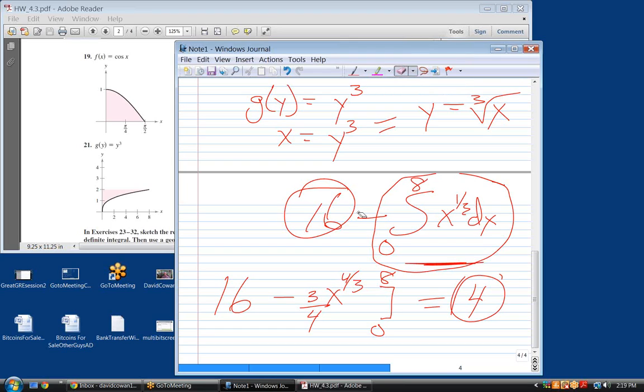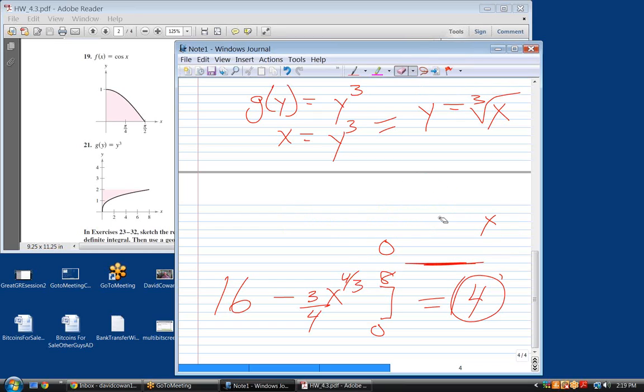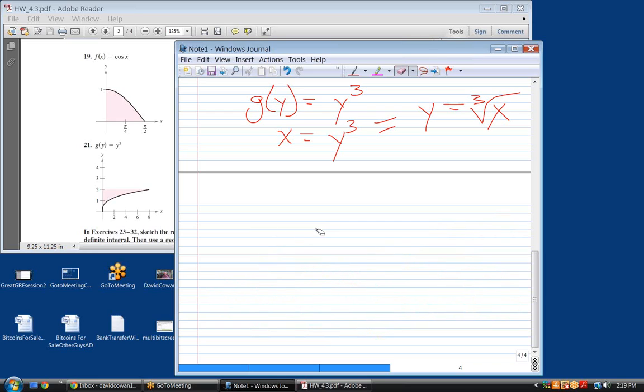Now, let's do it a different way. You understand that way perfectly? Yes. Okay, when you're doing area under the curve, you don't necessarily have to put your rectangles in a vertical motion. You can put them in a horizontal motion.